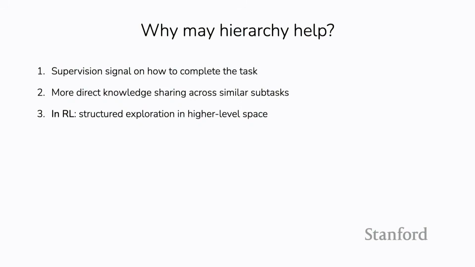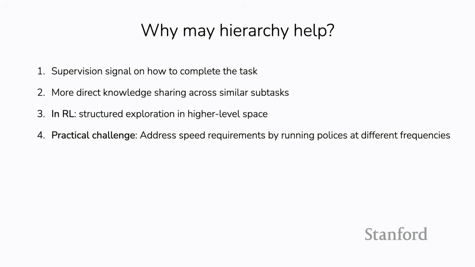In reinforcement learning specifically, you can also think about benefits in terms of exploration. In particular, when this high-level policy is proposing goals to reach, that's structuring the exploration process to encourage it to explore not just in the original action space, but also in this higher level goal space.